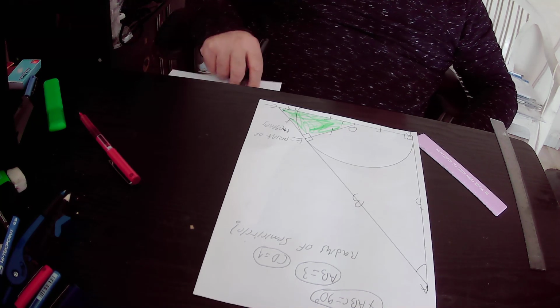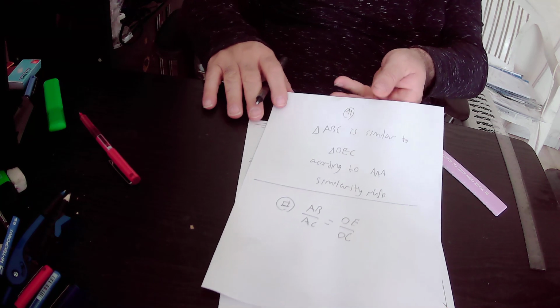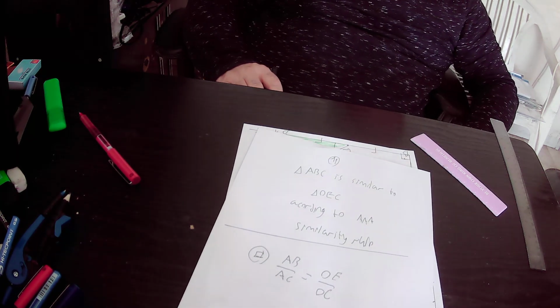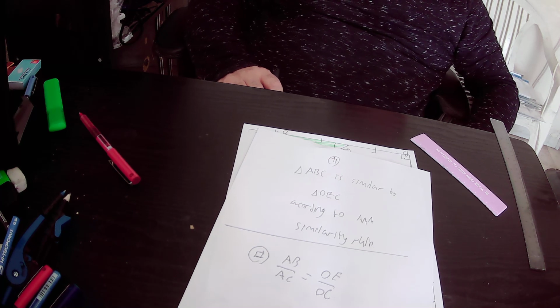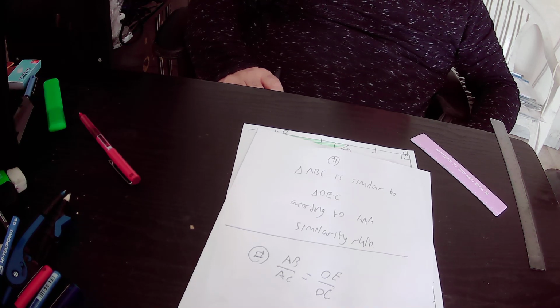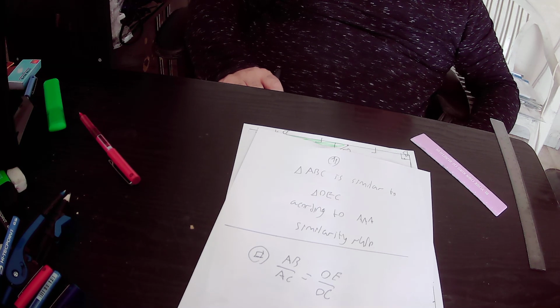I will repeat again. From the fact that triangle ABC is similar to triangle OEC, we will conclude that AB over AC equals OE over OC. Okay?